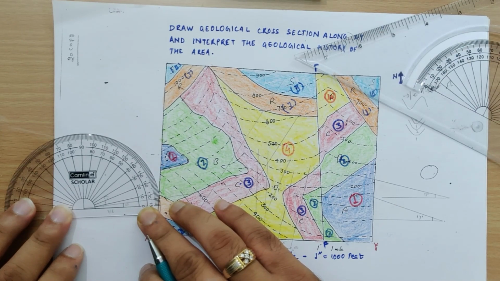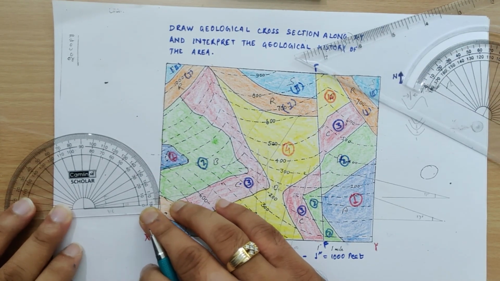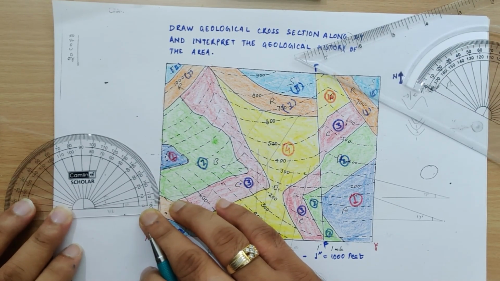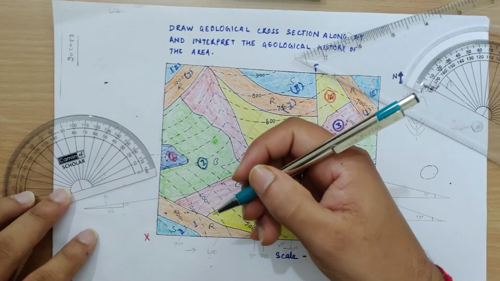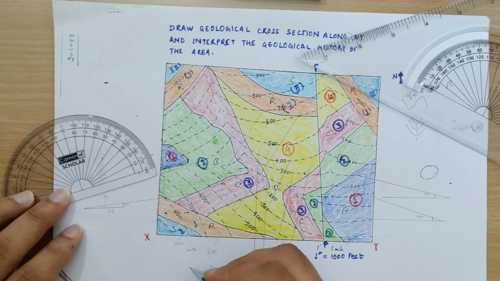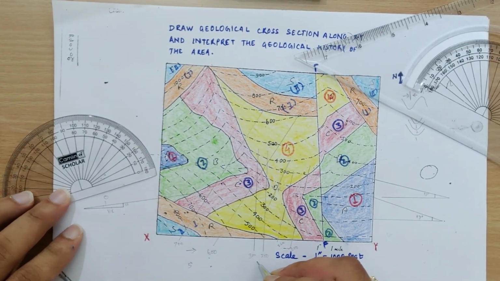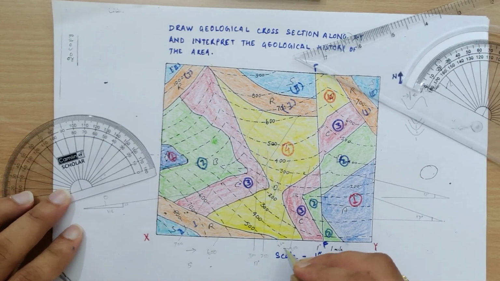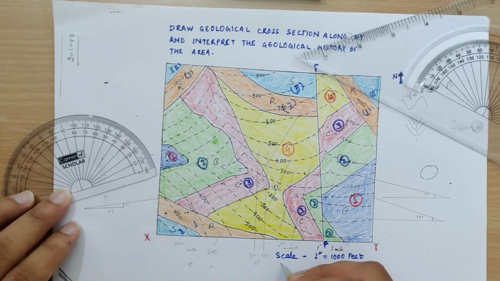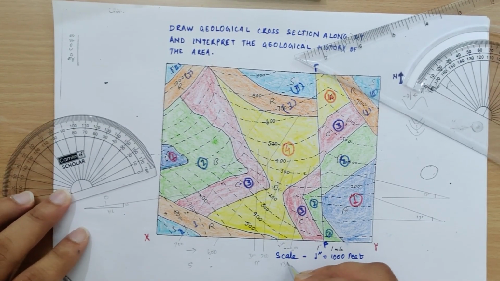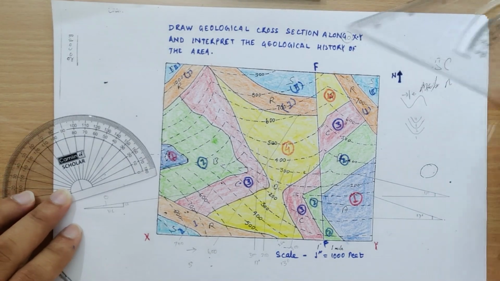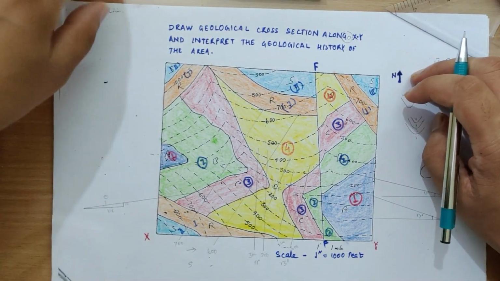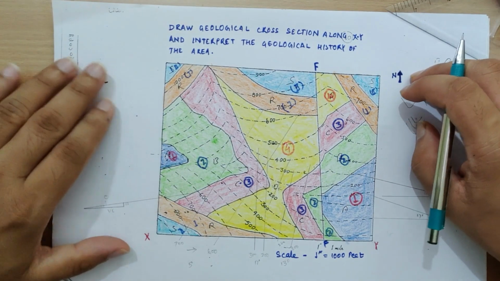So this theta is roughly 6 degree, 5 to 6 degree. So let's take it, yes, it is around 5 degree. So younger sequence is dipping with an amount of 5 degree. This one is dipping with an amount of 17 degree, and these two are dipping with an amount of 13 degree. So now we have determined the dip amounts and dip direction for different beds and different sequences.